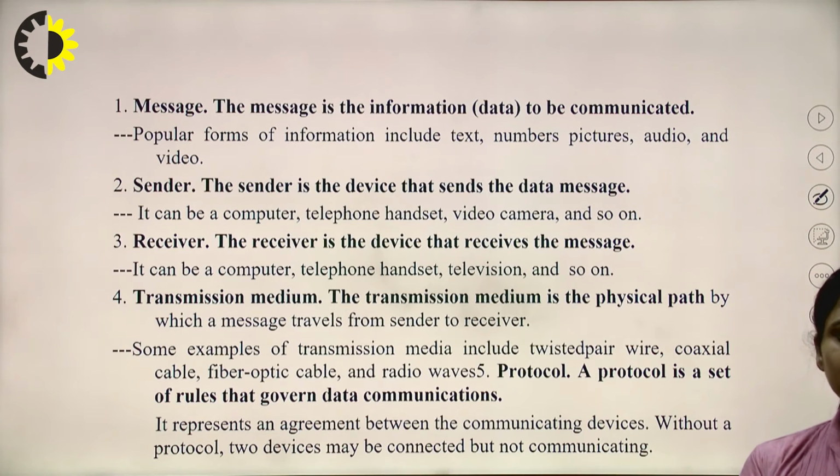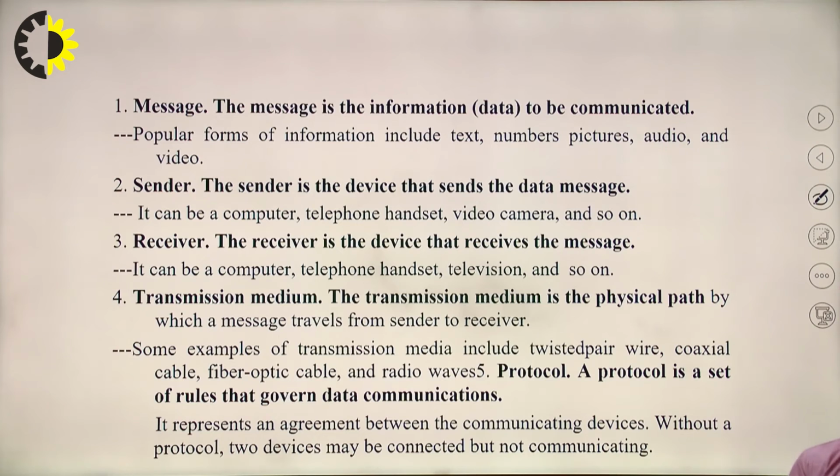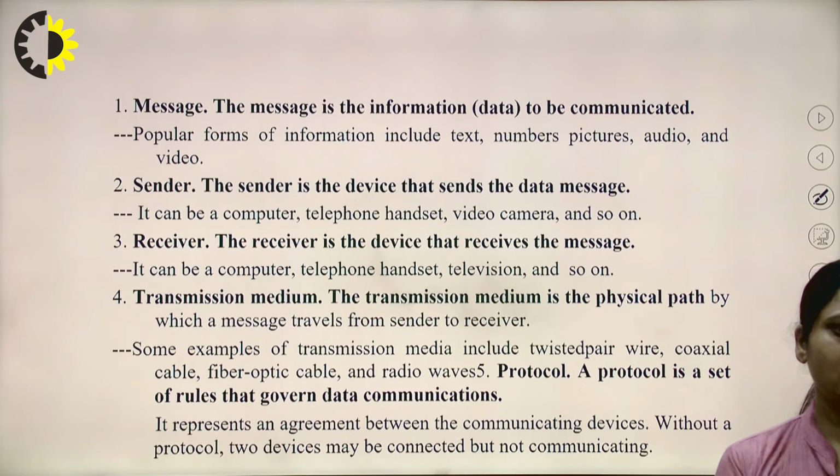For example, if we are using a guided media, then we will use coaxial cable, twisted pair and fiber optic cables. And if we are using an unguided media, in that case we will use satellite media, microwave, infrared waves, etc. And the last one is the protocol.